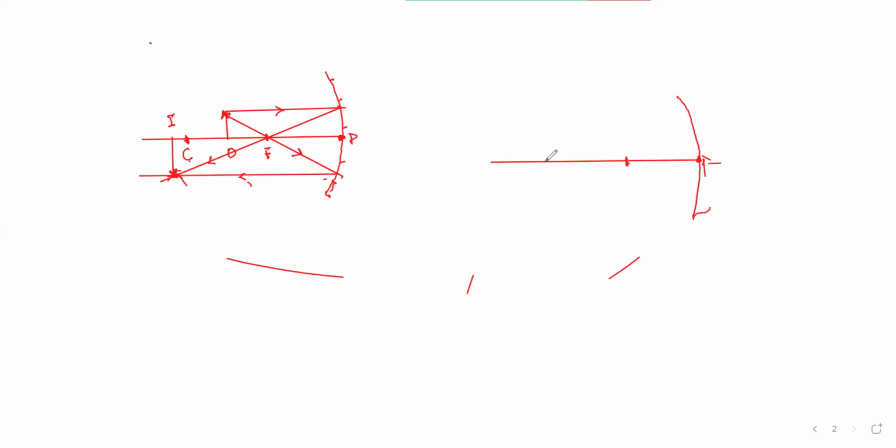So F, take measurements, please. So C is here, F is here.